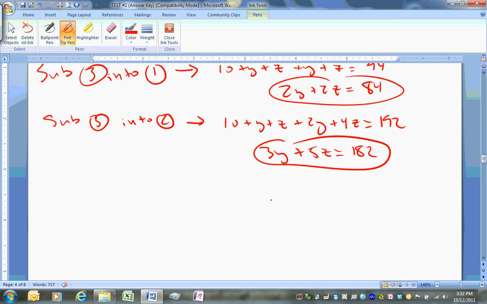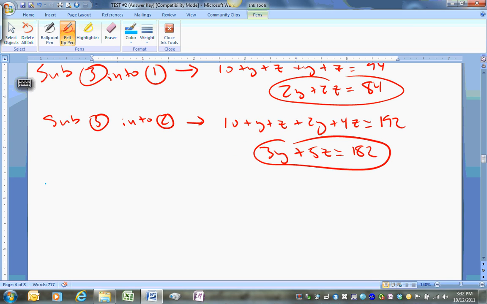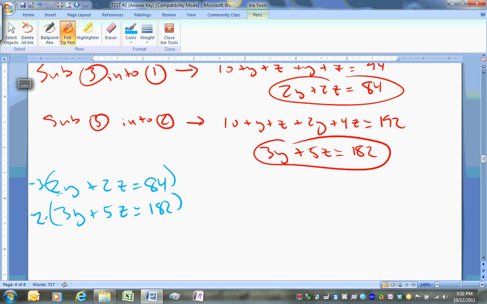We can solve this. We'll change up colors just for some contrast. 2Y plus 2Z equals 84. 3Y plus 5Z equals 182. Let's multiply the first by -3 and the second by +2.